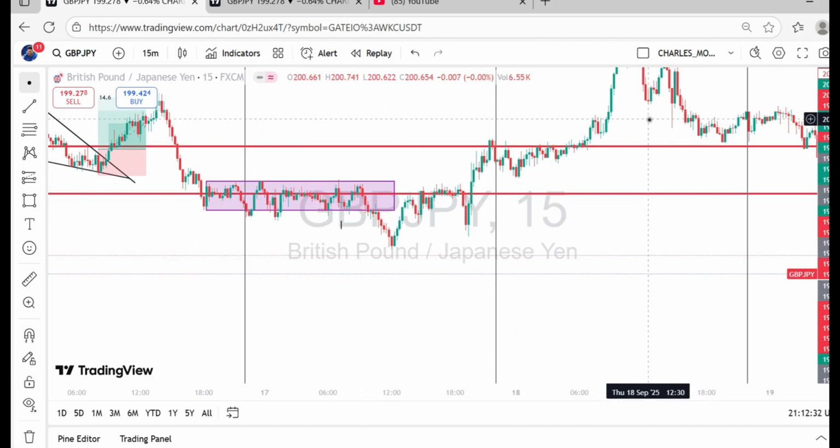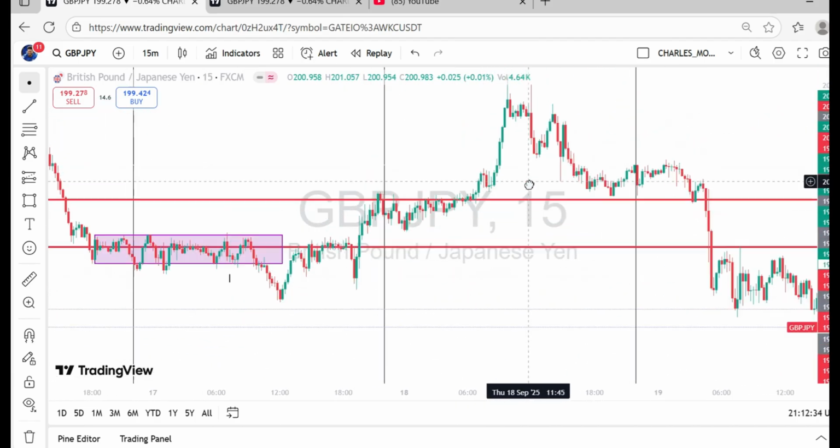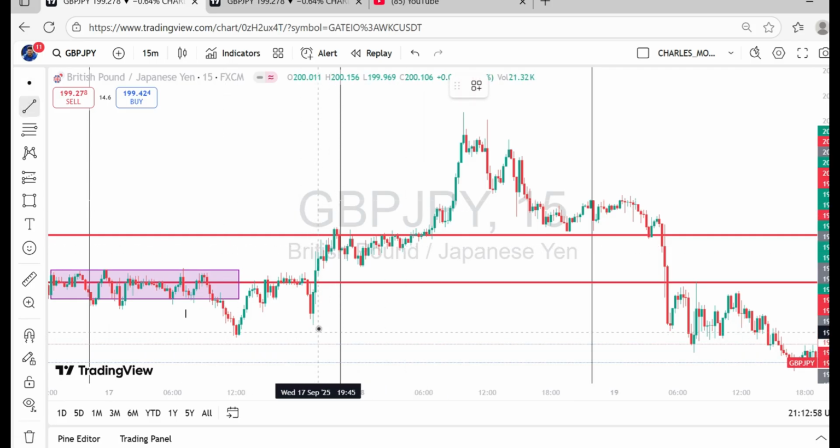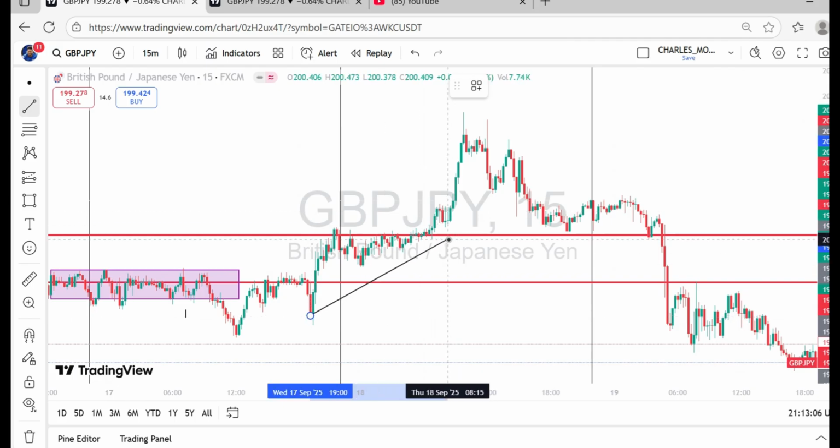But let's check for Thursday and see what happened on Thursday. So guys, take notes. Always wait at least for the 8 a.m. candle. This is 7:45, and 8 a.m. is this bar. So to plot your trend line and wait where the market is going to go, you can see the market has already given us a line to draw.